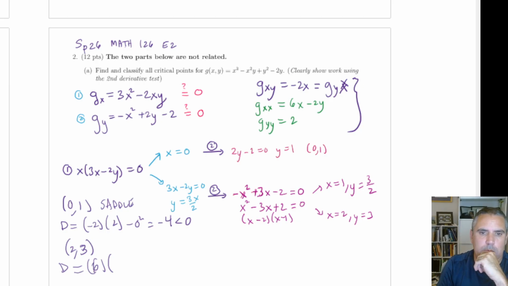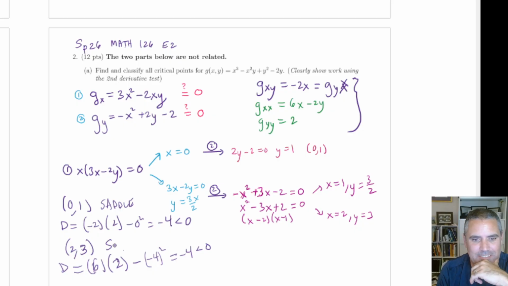Then we're plugging this into the next one. This is a 2, so that's 12 minus the mixed partial, which is negative 4 squared, and it ends up being positive. Wait, that's not positive. It's 12 minus 16. It's also negative 4. So it was a saddle. I was jumping ahead to the last one.